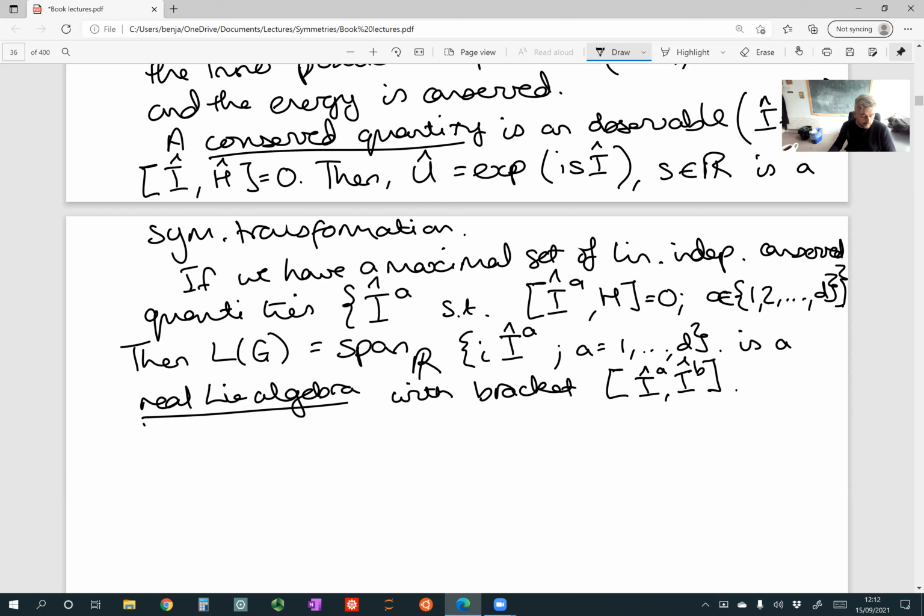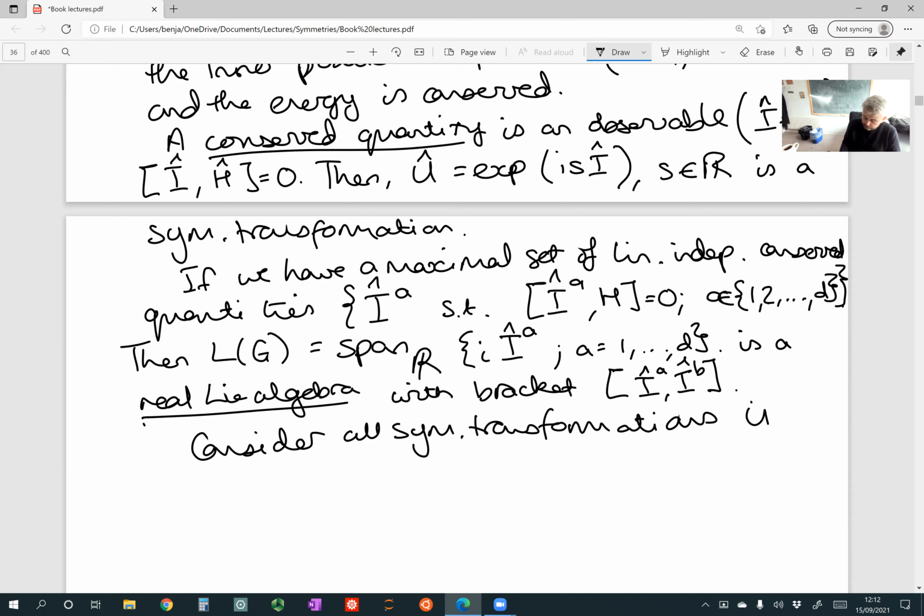So now consider all possible symmetry transformations U which are of the form U is e to the x hat, where x hat is in this Lie algebra.